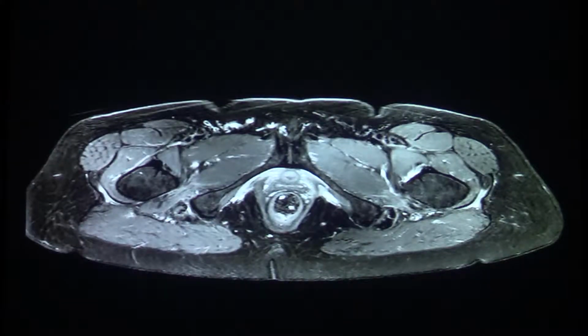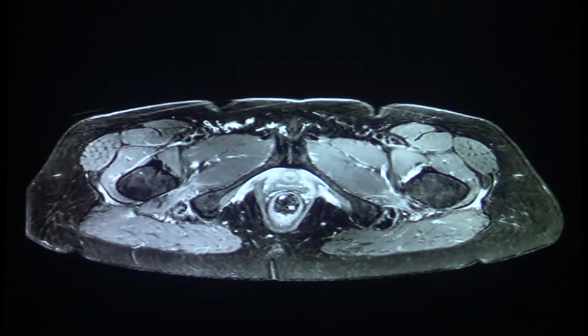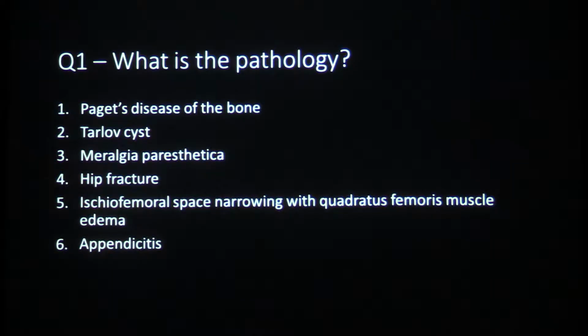So here we have a full scan of the actual T2 with fat suppression, and as you can see here, there's a pathology that exists on both sides, and this will be the topic of what I'm going to discuss. So what is the pathology?